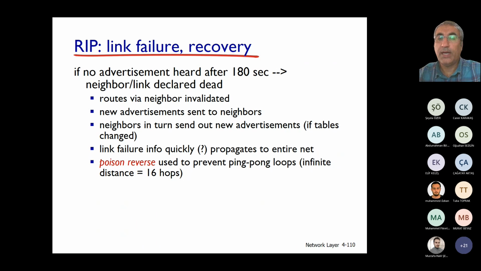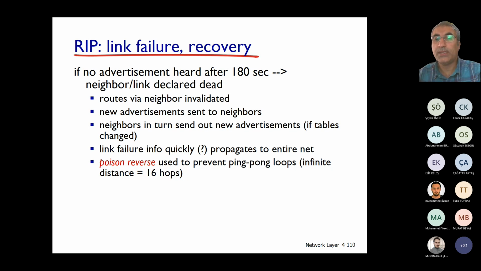Now, how does RIP manage link failure or recover a link? First of all, if no advertisement is heard within 180 seconds, meaning 3 minutes, the protocol is going to declare that this neighbor link is dead. So routes via that neighbor are invalidated and new advertisements are sent to the neighbors about this failure.